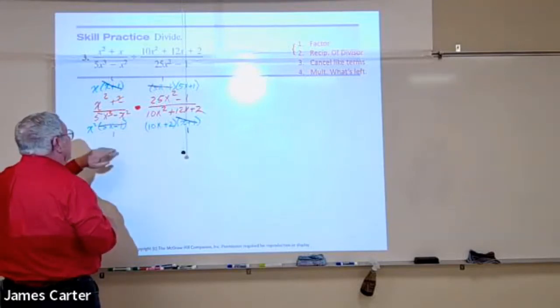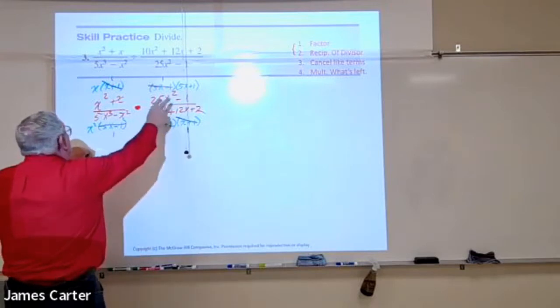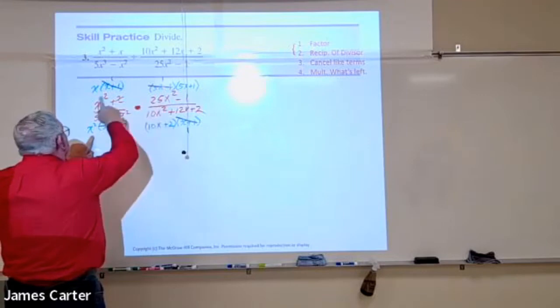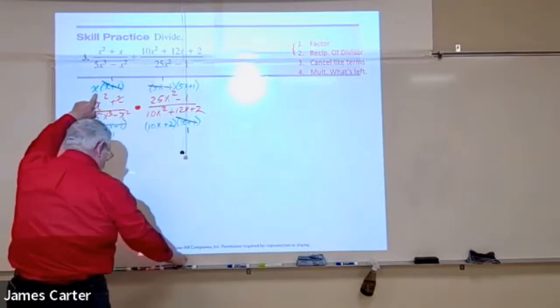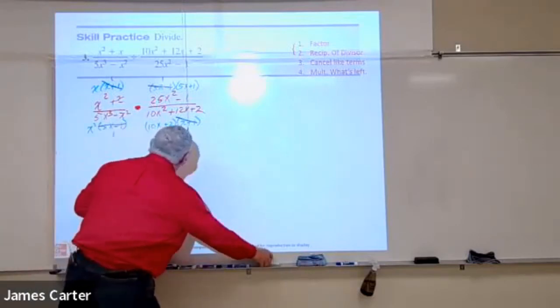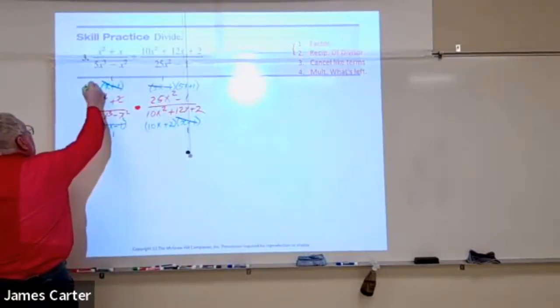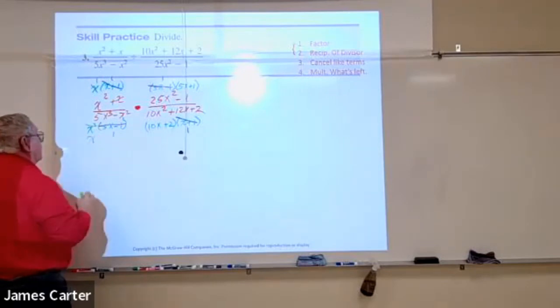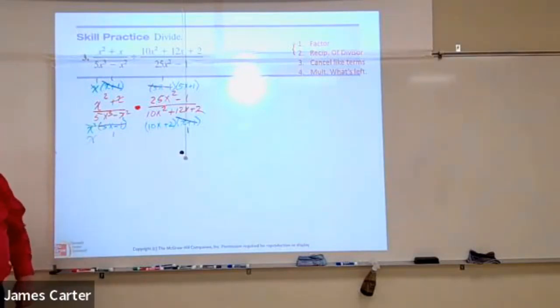Let's see if I have anything else. Nothing up there that'll cancel with this one. Nothing up there. Bing. x once, x squared, x times. You see what I'm doing there? Easy to miss that one, wasn't it?